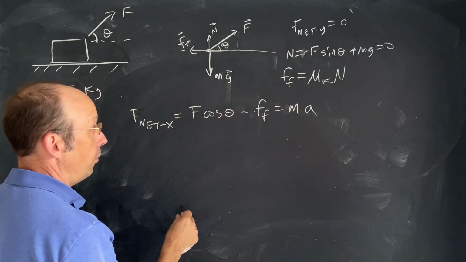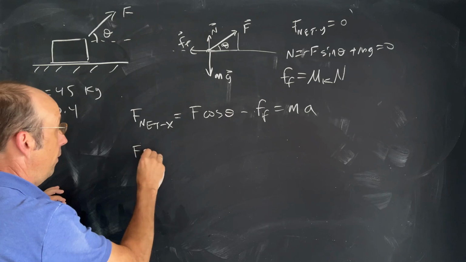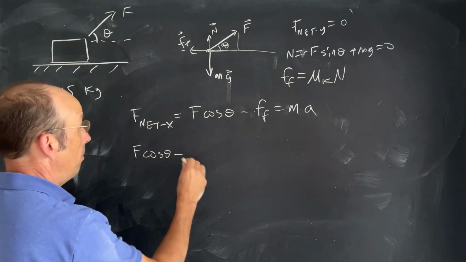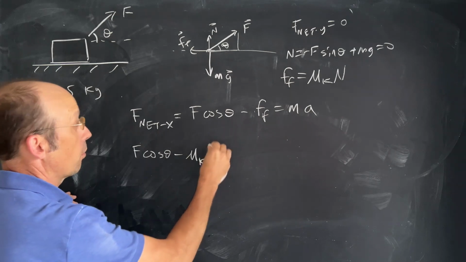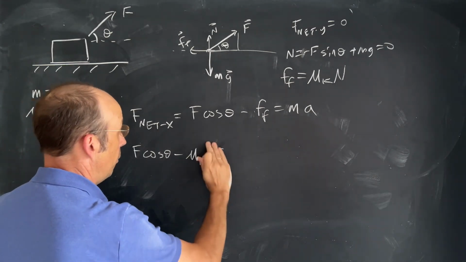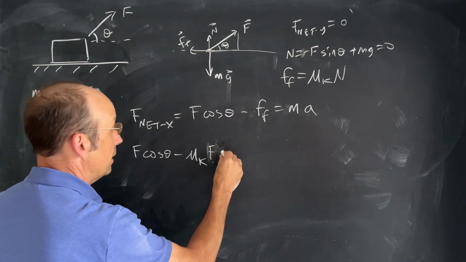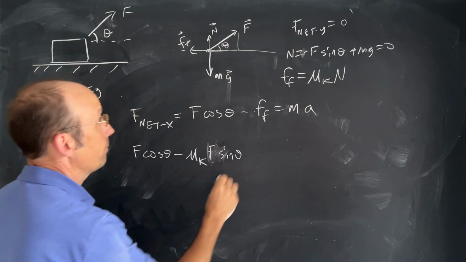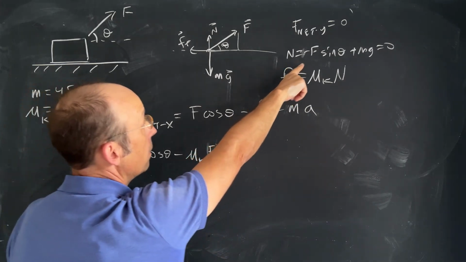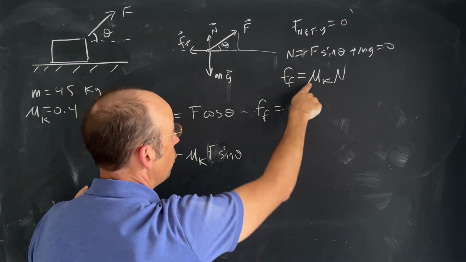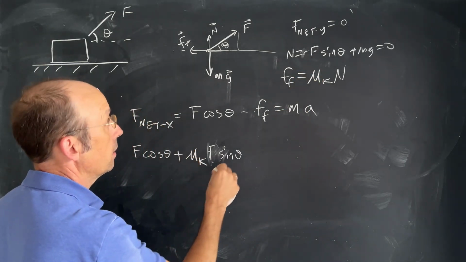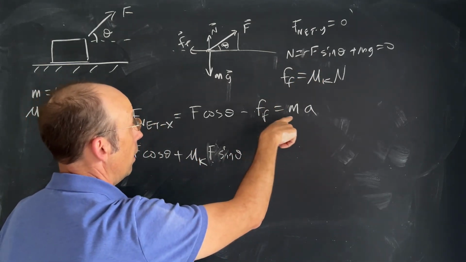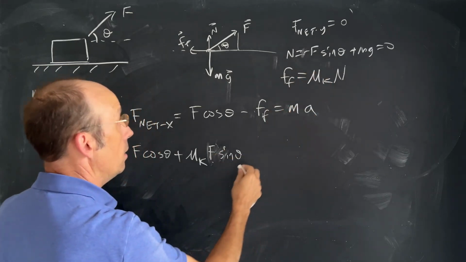I can write this whole thing as F cosine theta minus the frictional force, which is mu k times the normal force, which is, I'm just going to multiply it out, F sine theta, mu times the normal force is negative, so it's going to be plus. And then I have mu times mg.